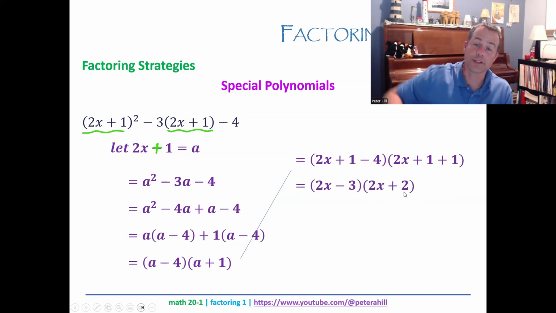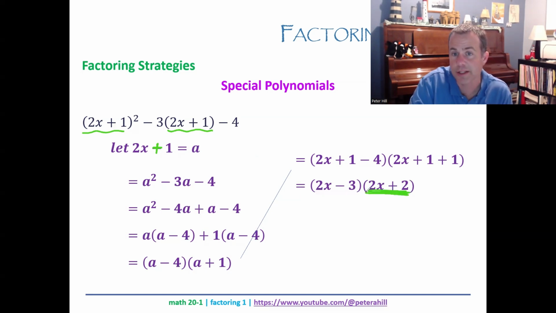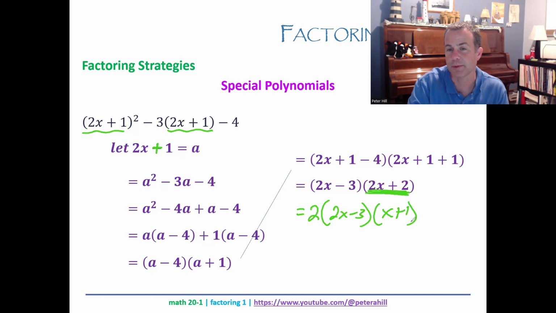Then there's one more step to do here. I can look at this and say, oh, look, there is now a greatest common factor of 2. I'm going to pull that 2 out and put it at the front. And then what happens when I pull it out? I'm left with x plus 1 as that last term instead, because the 2 came out.